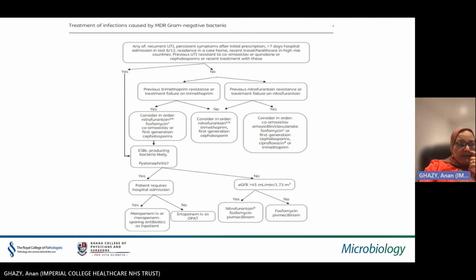I think this graph can be used easily, as it shows us the risk factors for carbapenem-resistant organisms. If there are risk factors, what should we do? If there is no risk factor, we should look at previous isolates and treat accordingly. If there are risk factors, we should start by using either carbapenems or any of the novel agents according to the sensitivities.